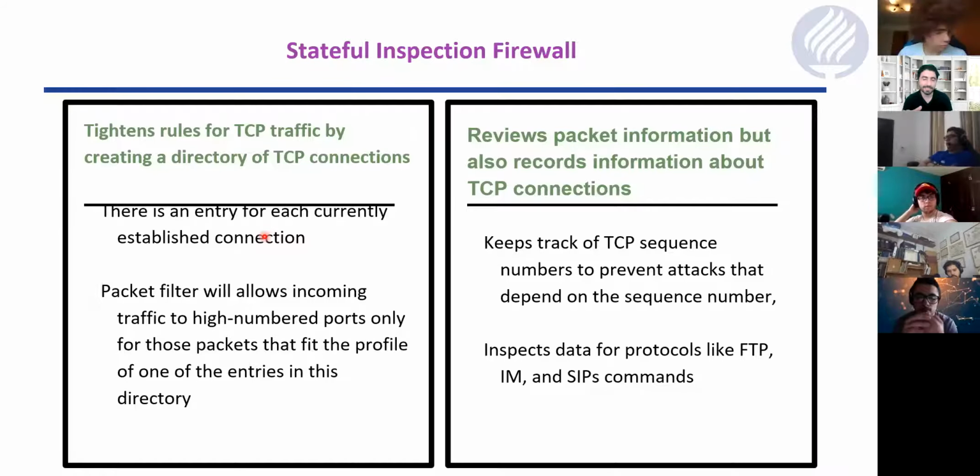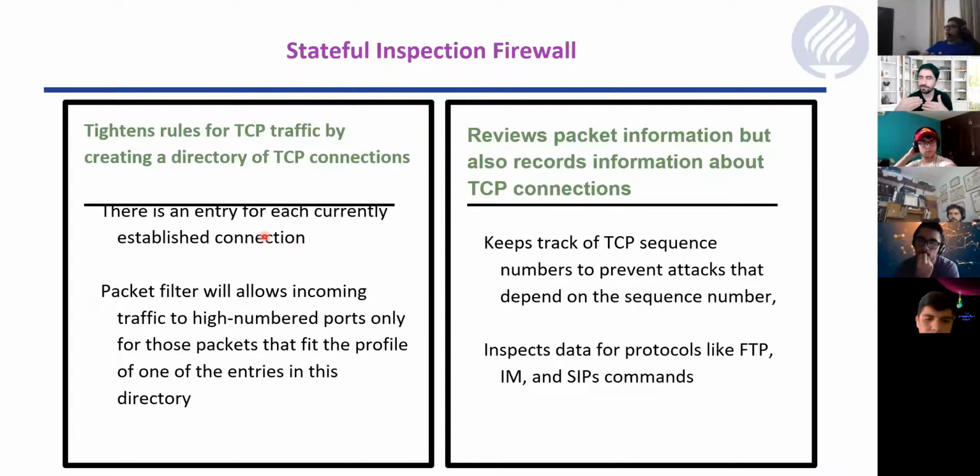You can keep that state information in account when you are dealing with the packets. That can be another piece of information for you to consider if the packet is legitimate. It's coming from this outside IP address to this inside IP address in a connection that is already established in the established TCP connections.